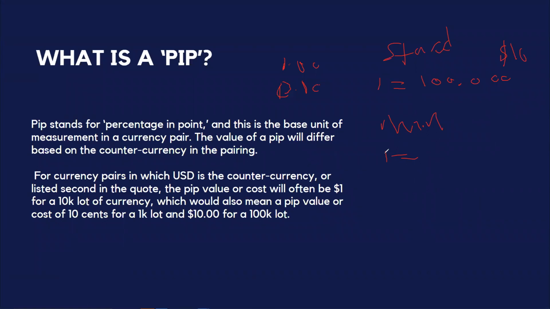Meaning 1 mini lot size in unit measurement is equal to 10,000 units of currency.